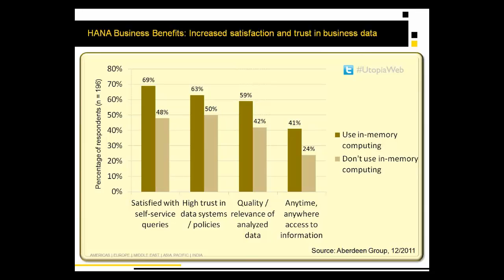But now the drill-down question here is the quality and relevance of your analyzed data. 59% said they had high quality and that the data they were analyzing was relevant. And this is because your development cycles are compressed in an in-memory environment.